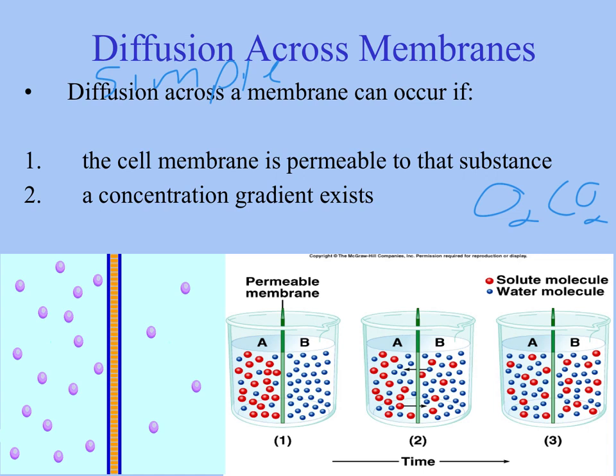Now, in order for things to diffuse across the membrane, it has to be permeable to that substance, and in the case of simple diffusion, the membrane is already permeable to certain things, and a concentration gradient has to exist.